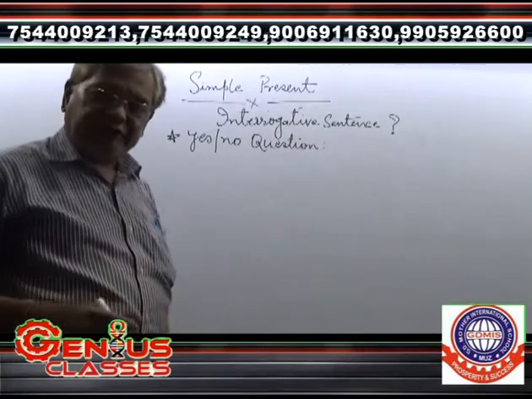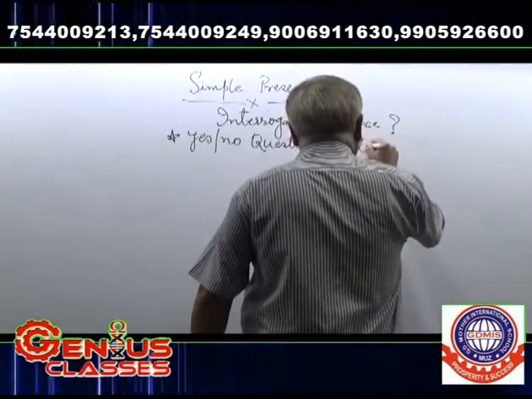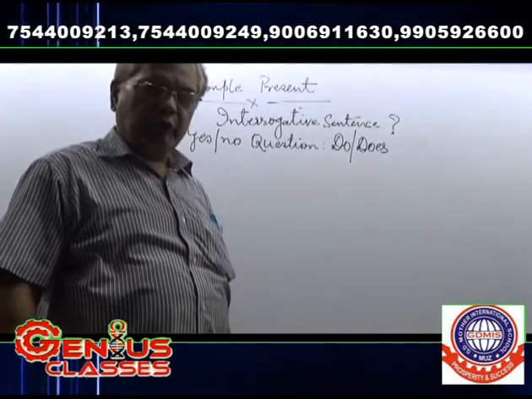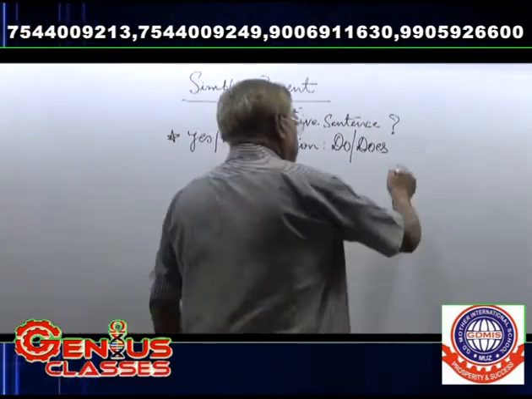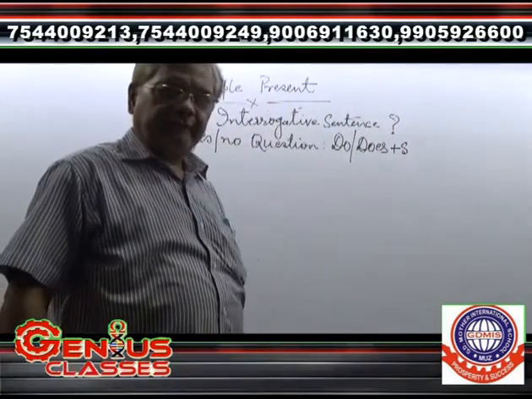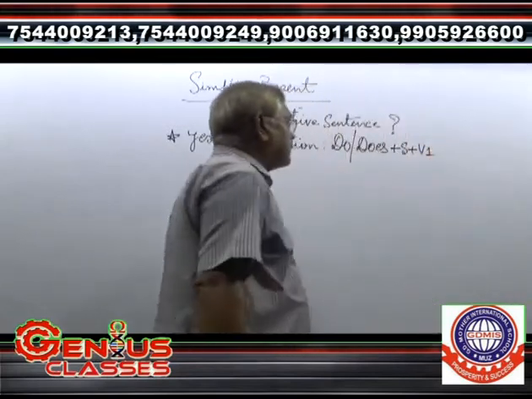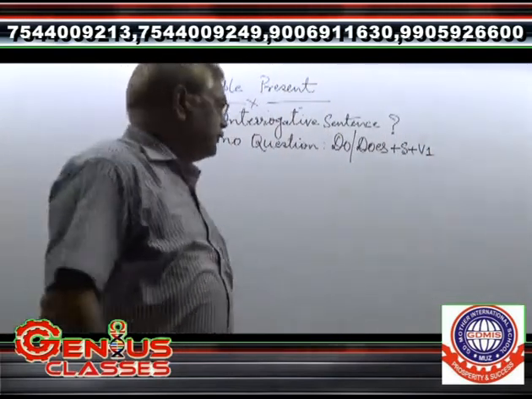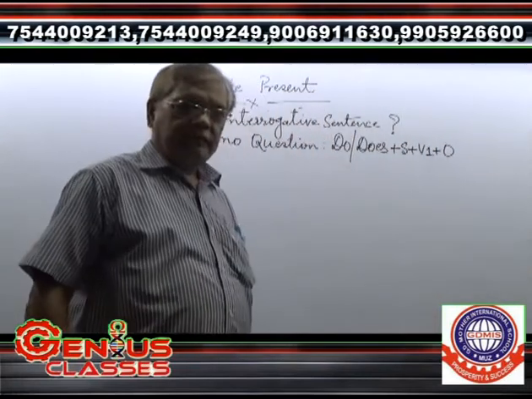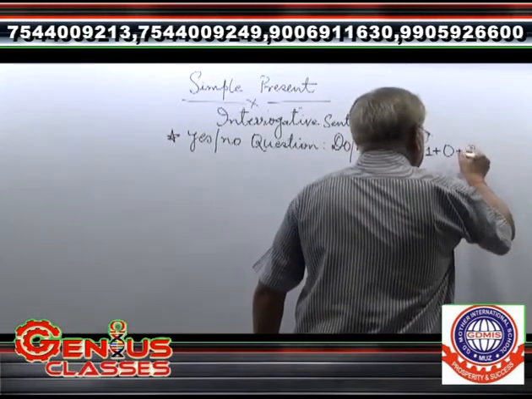And what is the structure of it? First of all, we will write the helping verb, do or does. Then the subject, then the given verb, then the object, and at last the question mark.